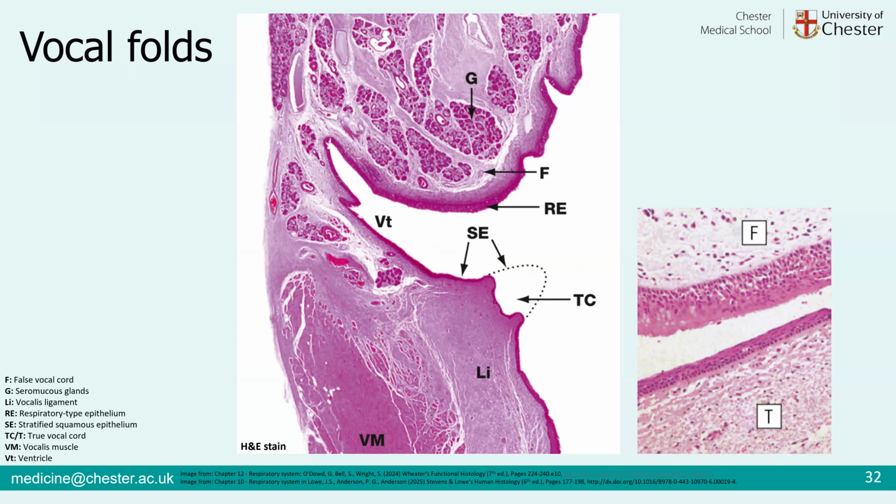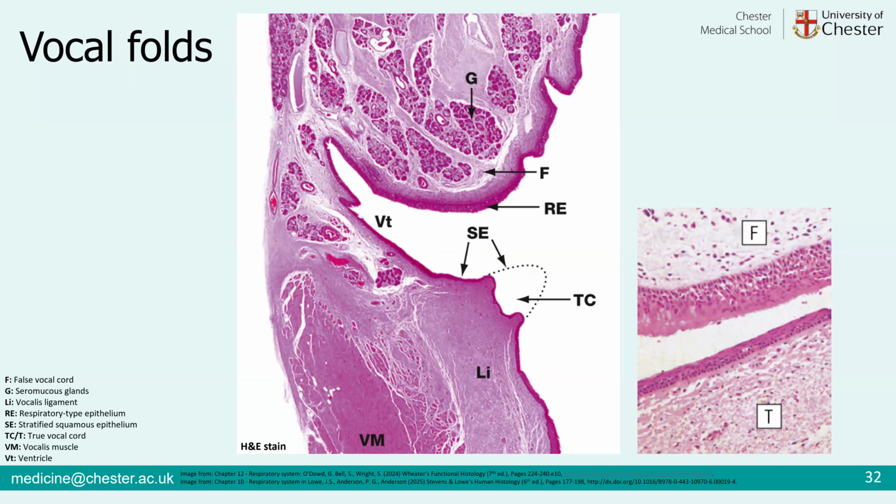You'd be forgiven for thinking they're the other way around, because normally when we talk about stratified squamous epithelium, we imagine a really chunky one, like when we looked at the esophagus, which is 15 to 20 cell layers thick. It's not always that thick. Here, we might only see something in the region of 5 to 10 cells thick. Remember, a squamous cell is a very flattened cell, so when we have 5 to 10 of those, we can still end up with a very narrow looking epithelium.